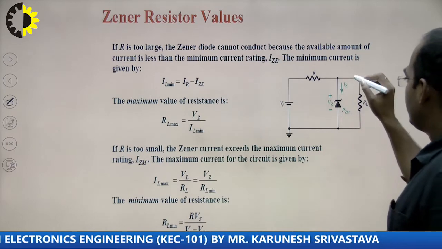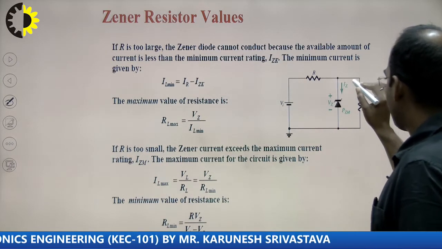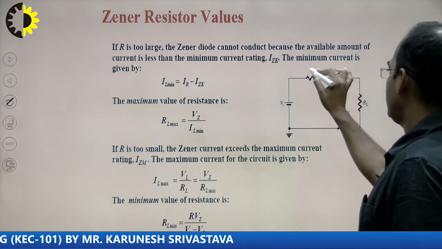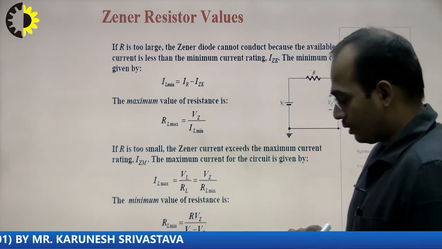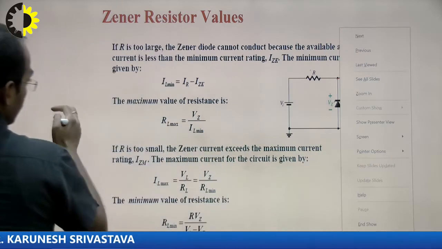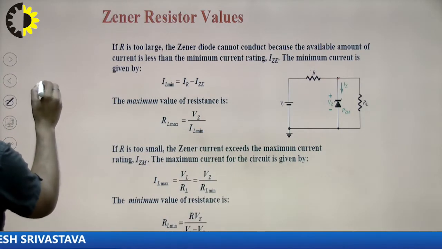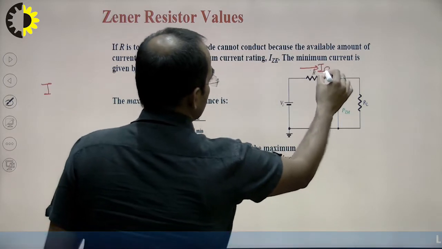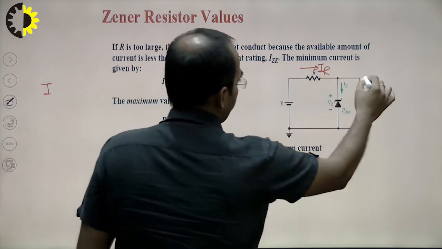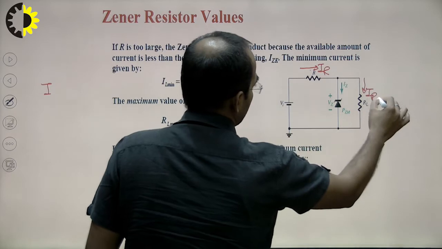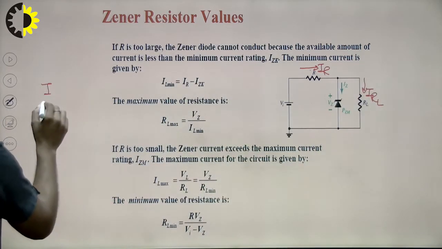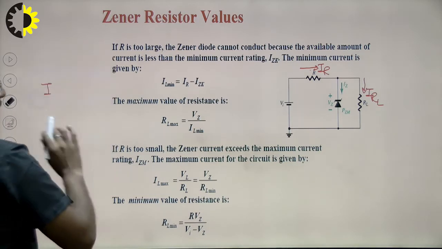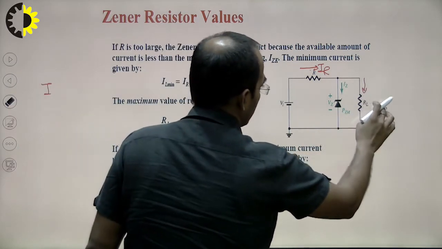So, we can find the value of IZ and IL by applying the KCL at this node. I have considered here the current flowing through this resistance is IR and the current flowing through the load resistance is IL.